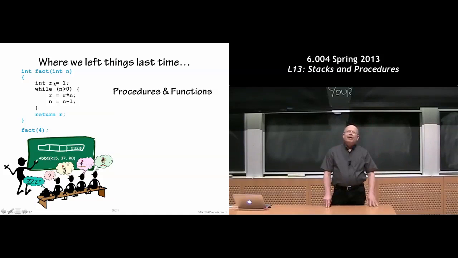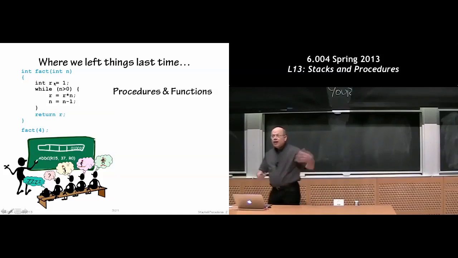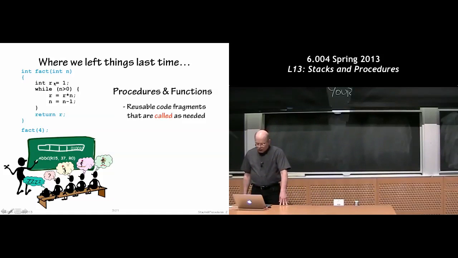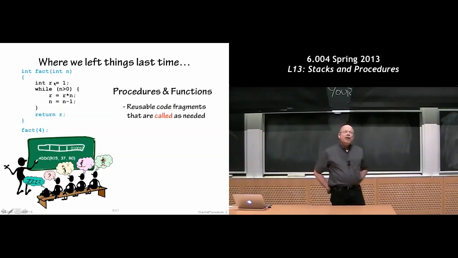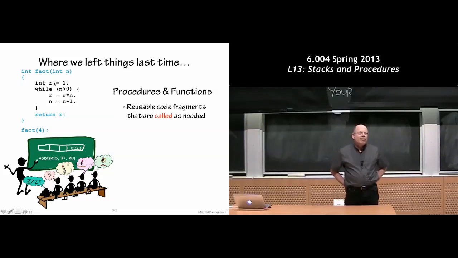What's the right assembly language sequences the compiler should generate to handle procedure calls and returns and the passing of arguments? They're reusable code fragments, and one thing we have to think about is, particularly in the case of recursive calls, will we need to start executing another copy of the procedure before we finish executing the first copy of the procedure?